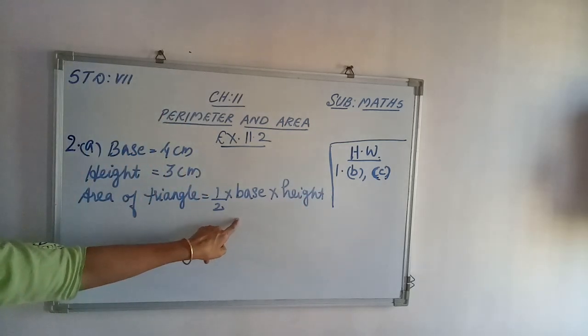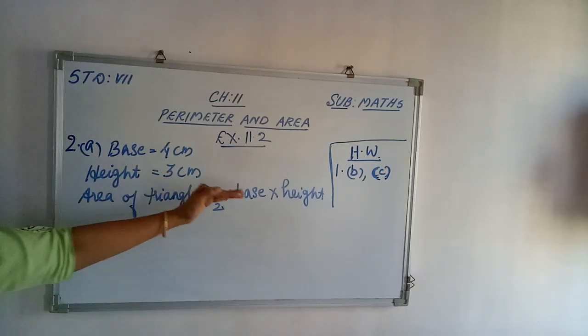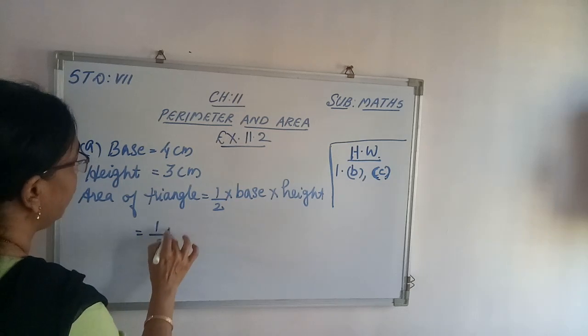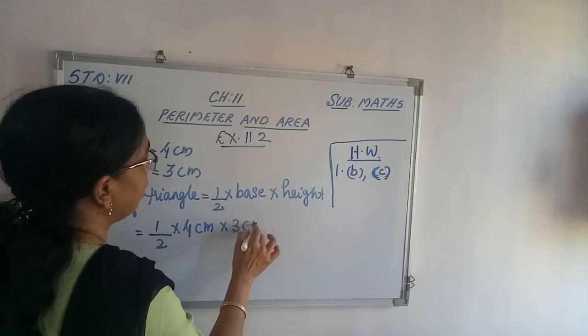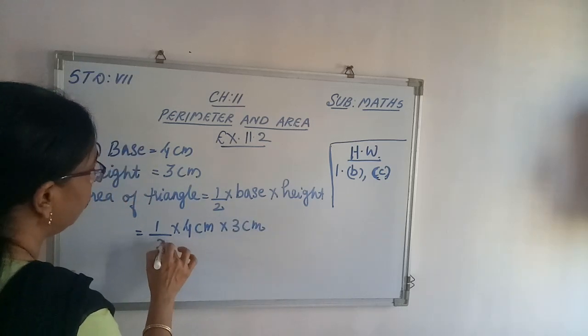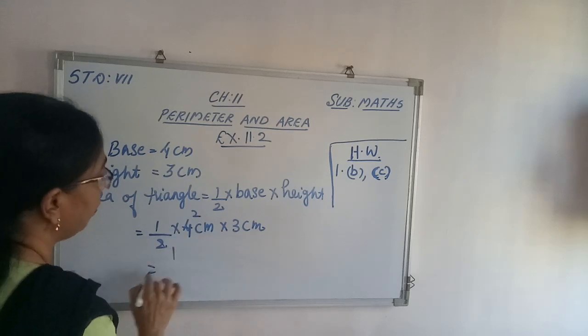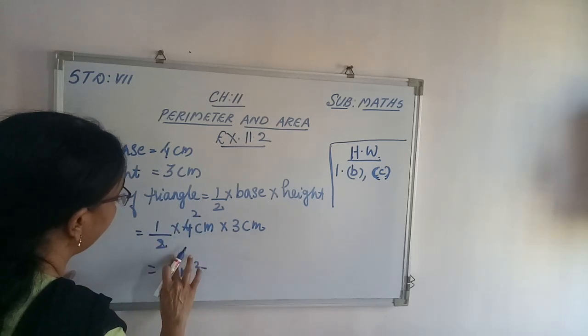Base, if you take the letter B and height as h, we can write half into B into h. Substitute the value. Half into 4 centimeter multiplied by 3 centimeter will give you 2 ones are 2, 2 twos are 4, then 6 centimeter square is the answer.